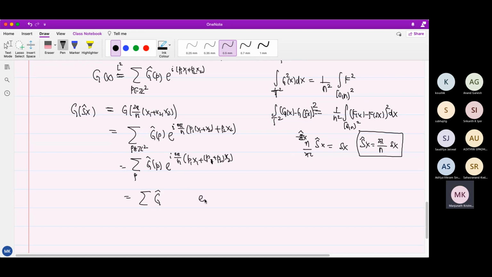So let's make this e to the i 2 pi by n, let's call it q1 x1 plus q2 x2. Okay, so then what is this one? P1 is q1. The second one, P1 plus P2, is Q2, so it is Q2 minus Q1. Okay. So in other words, it is actually, yeah.